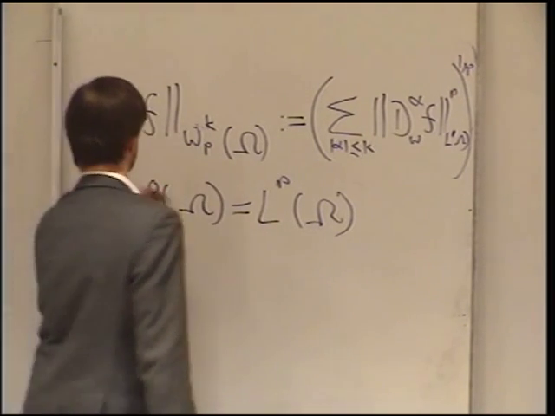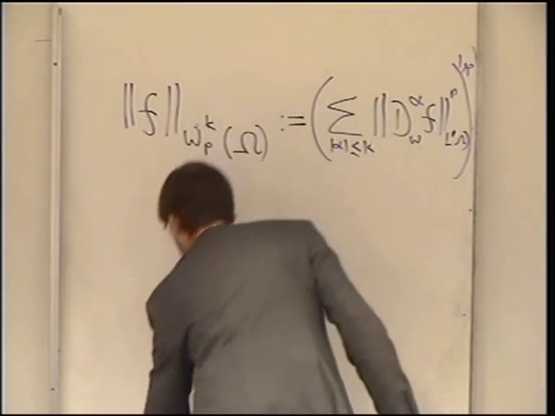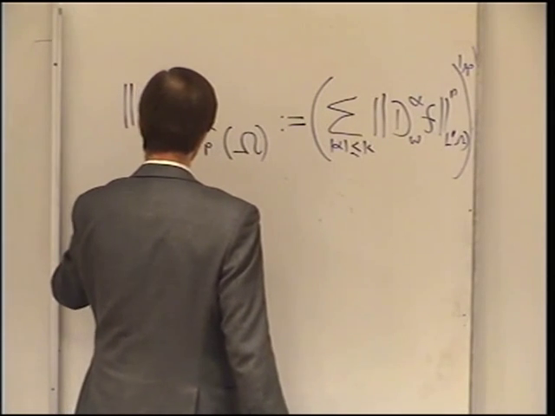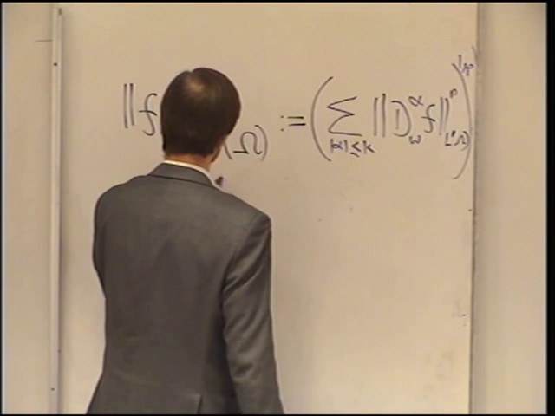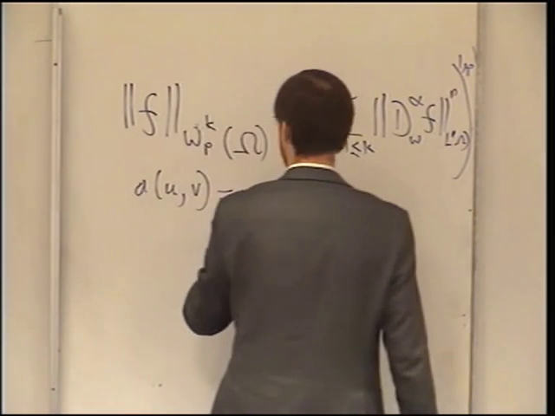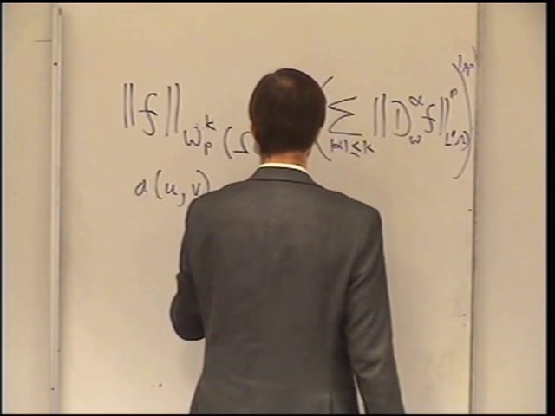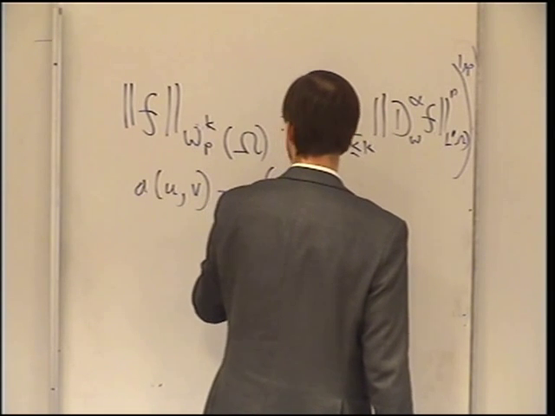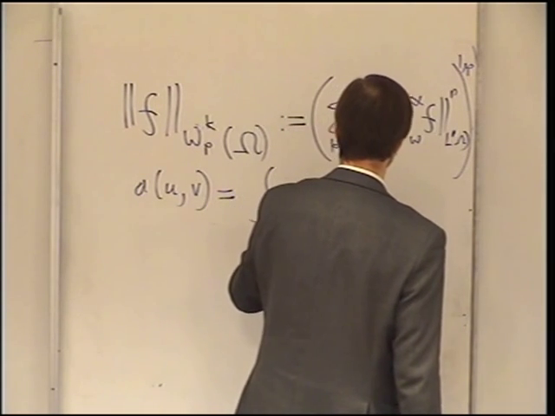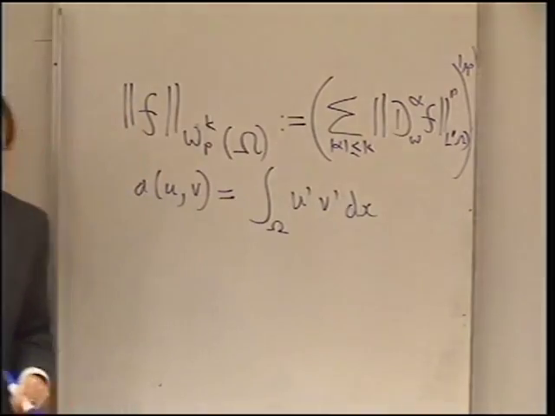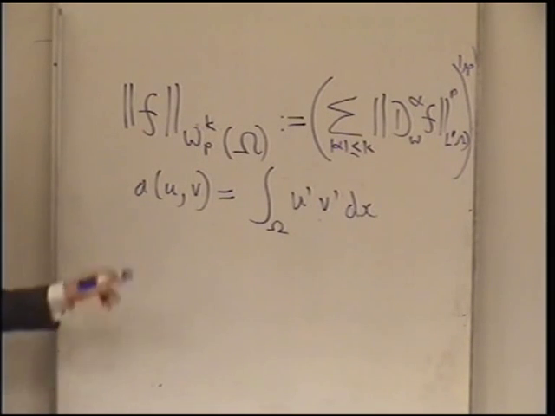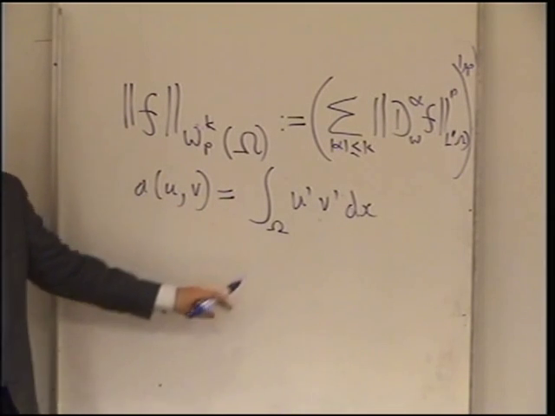So if you remember, we had A of u v was equal to the integral of phi of u prime v prime dx. That was in our original ordinary differential equation.